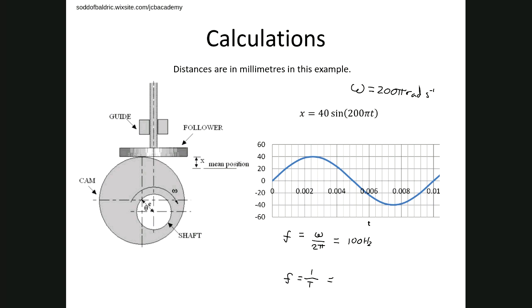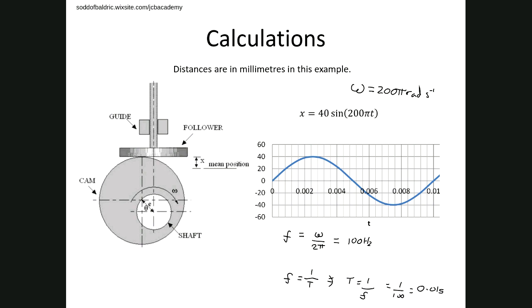What that means is that the periodic time is 1 divided by the frequency. So it's 1 over 100 in our case, which is 0.01 seconds.